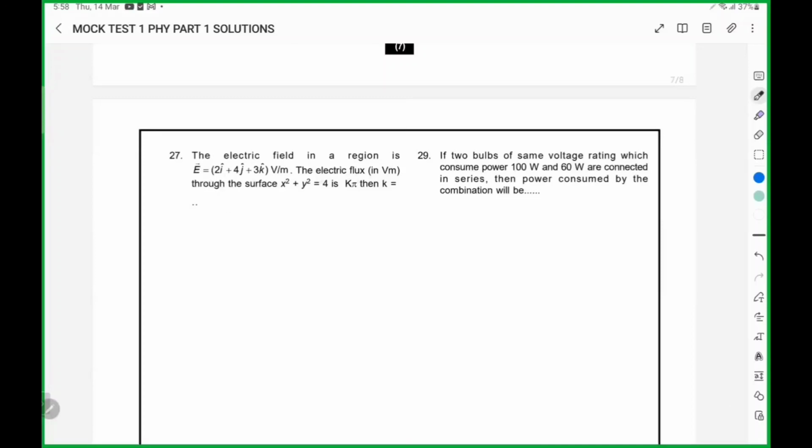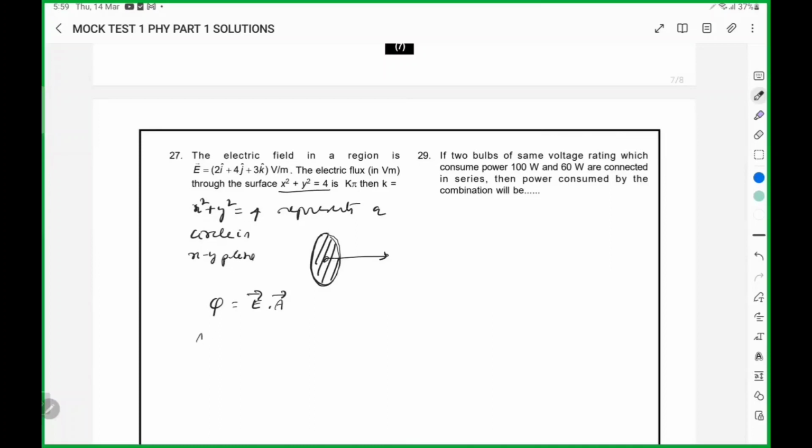Electric field in a region, electric flux through the surface. So the surface here is a circle. Electric flux is calculated using phi equals E dot A. The area vector is perpendicular to the surface. This x square plus y square equal to 4 represents a circle in the xy plane.